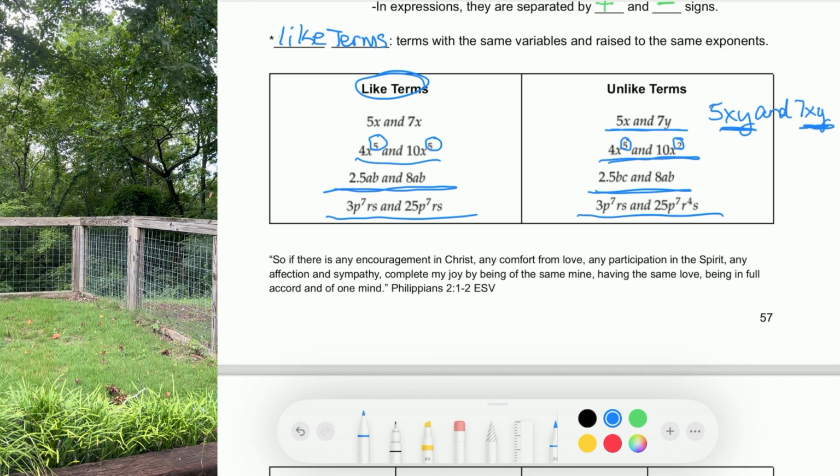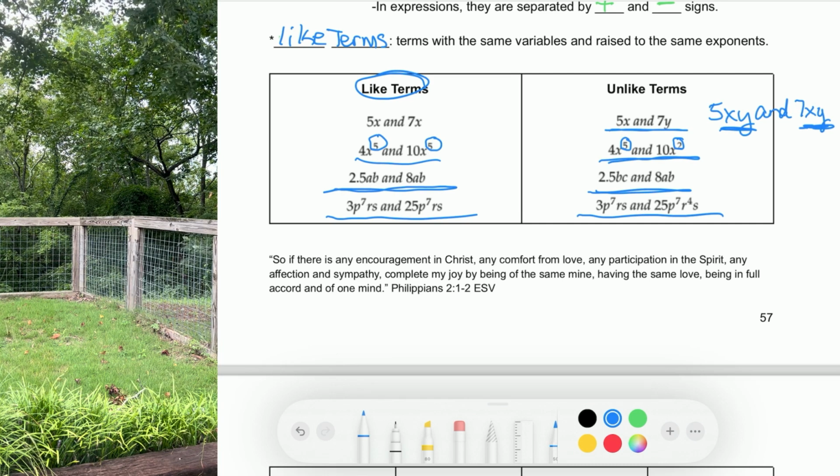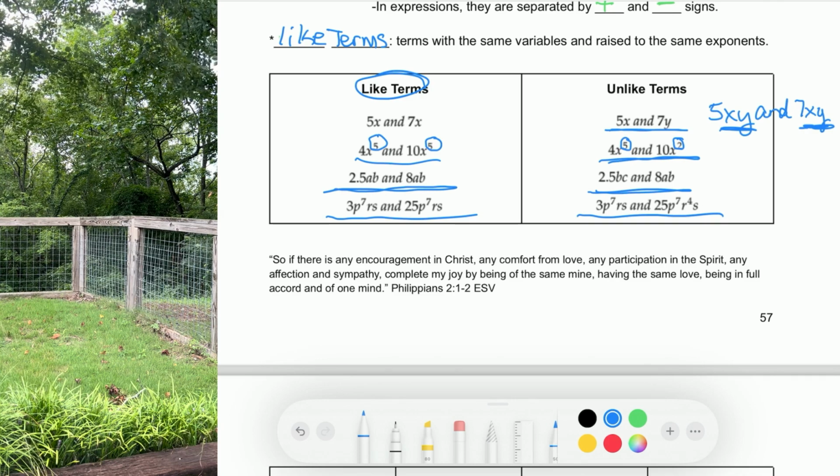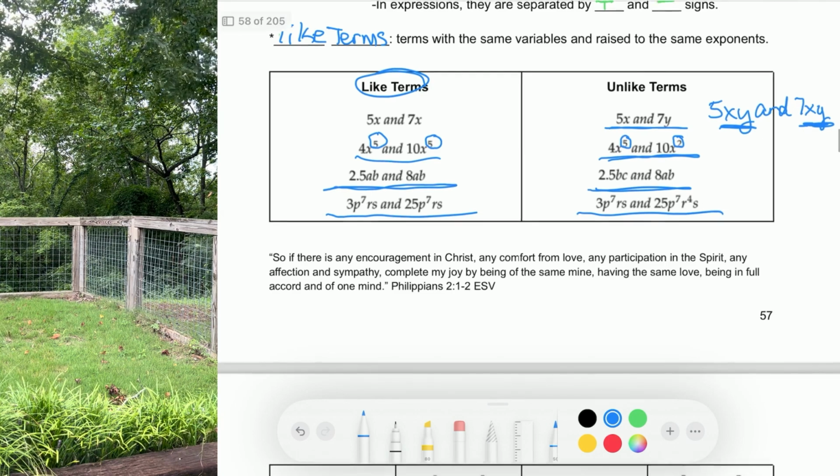On the unlike side, the 3P to the power of 7, RS, and then the 25P to the power of 7, that's the same so far. We have 2 P's to the power of 7, so we're good so far. But then notice the R. The R has a power of 4, so it's now different than the original R. So that means they're not alike. It has to match completely. All right.